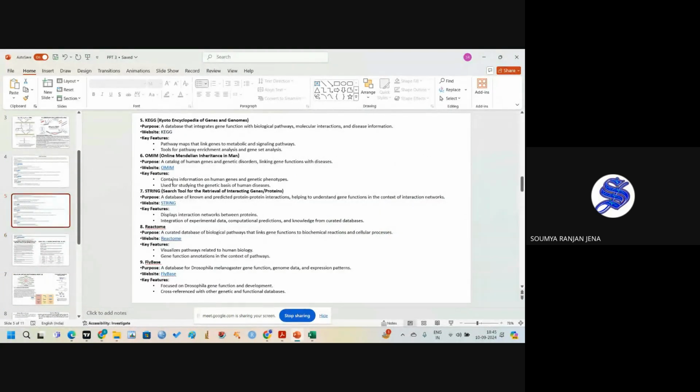You can click any of these websites. After this, I will give the PPT, and you can use these websites to know the gene or protein function of any gene. You can input any gene or protein to study its function, any interrelation between gene signaling, any pathway study, or any function of that gene.